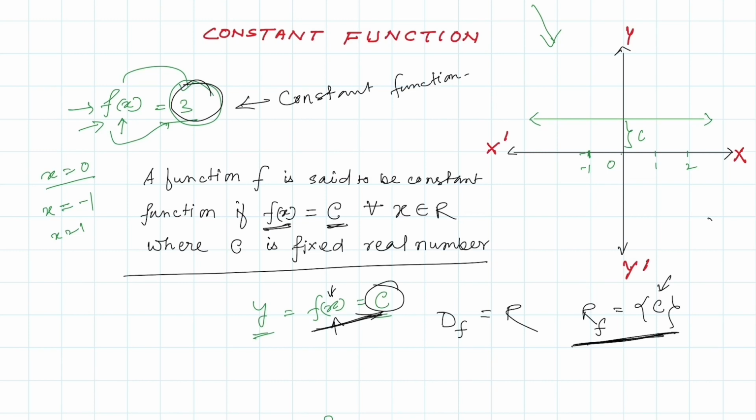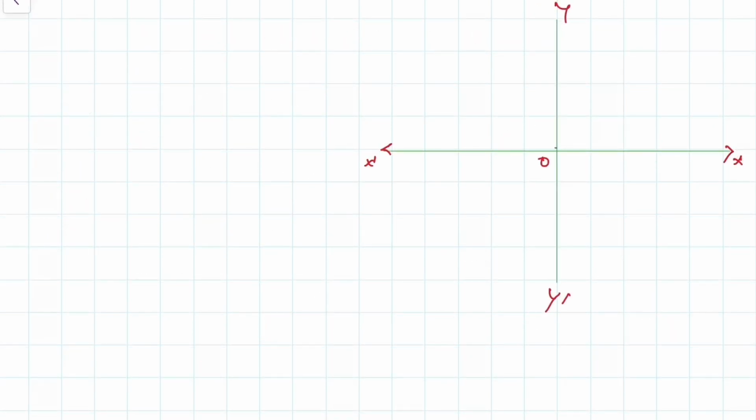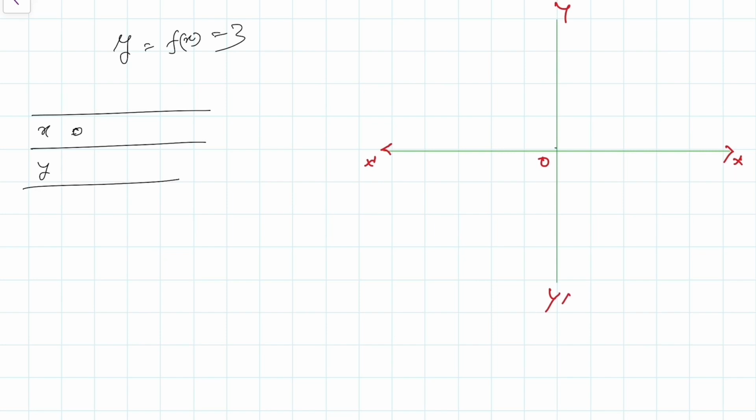Okay, now let me show you one more example of a constant function, how to draw the graph of a constant function. Suppose we have a constant function y is equal to f of x, which is equal to, suppose, 3. Then if you put x is equal to 0, this function will give you 3.